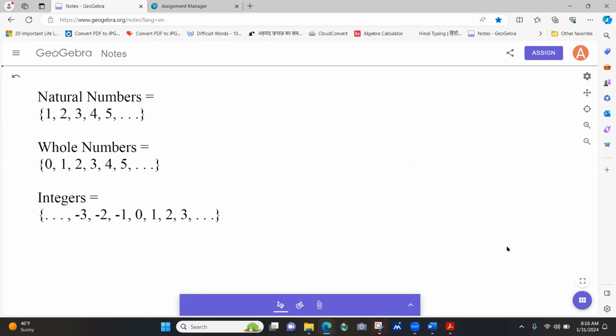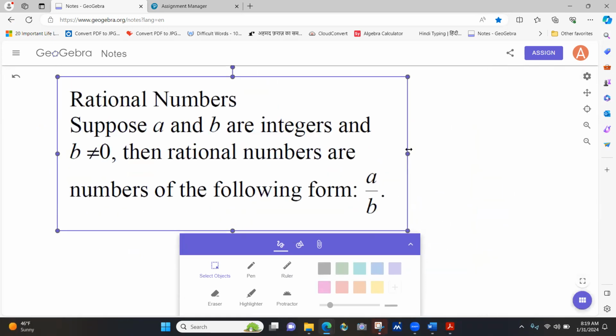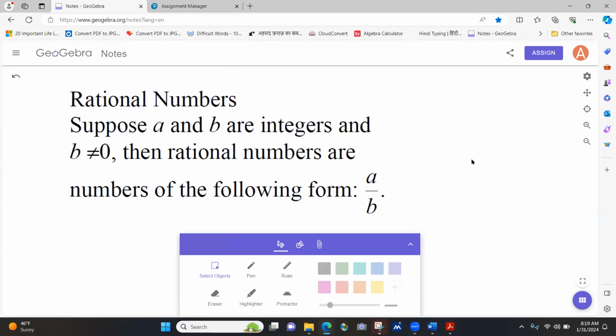So let me actually put it on a different slide. Rational numbers are fractions where you take an integer and divide it by another integer. You just want to make sure the integer that you're dividing by is not 0.